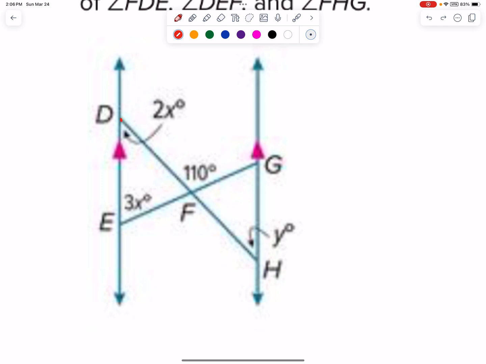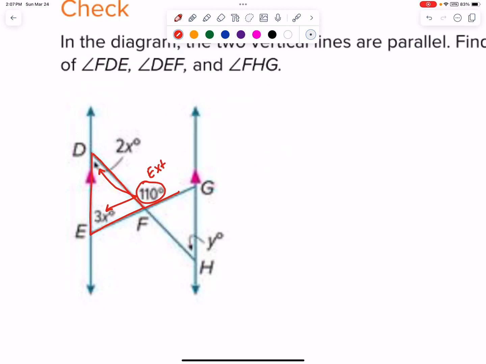noticing this triangle right here. You sort of have to ignore other things. I see the external angle right here. So here's my external angle. Where are my remote interior angles? Well, they're right here and here. And what's true? They're equal to the external angle. So I can set up my equation: 110 equals 2x plus 3x.